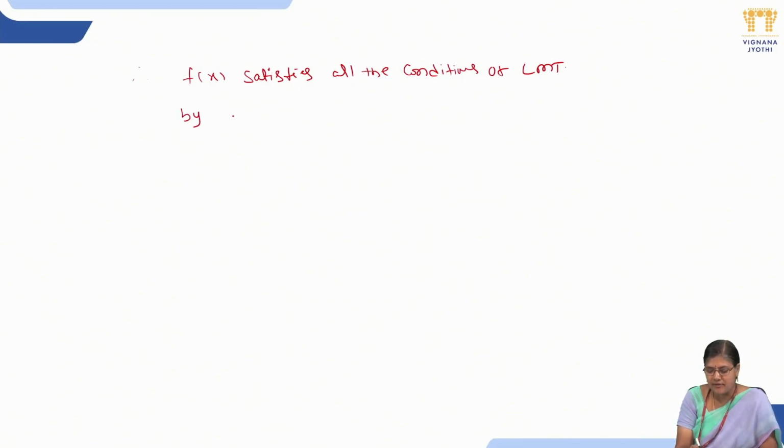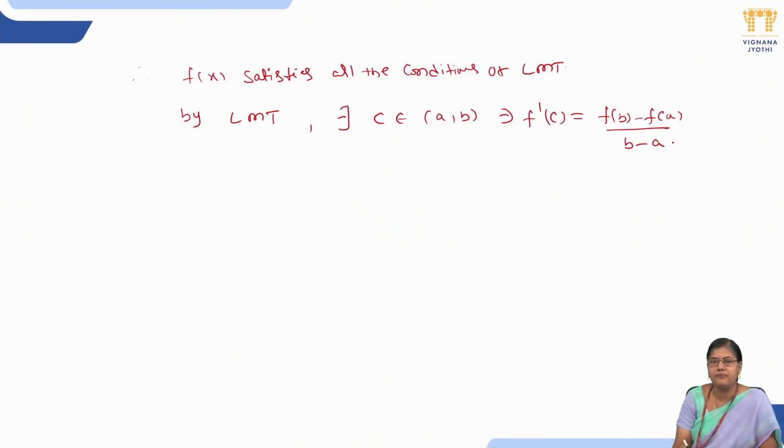By Lagrange's mean value theorem, there exists a point c belonging to the open interval of a comma b such that f dash c is equal to (f of b minus f of a) by (b minus a).